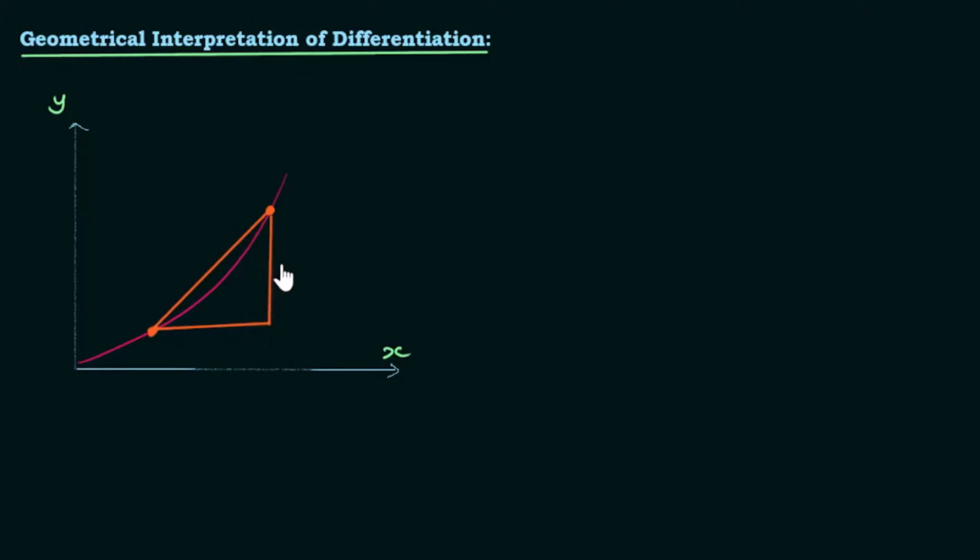This part is the change in the y-axis quantity, so I can put it delta y, and this base represents delta x. So here I can have the rate of change of y with respect to x as delta y by delta x. If delta x approaches 0, I can make one small right angle triangle here. This height will represent dy and this base will represent dx.